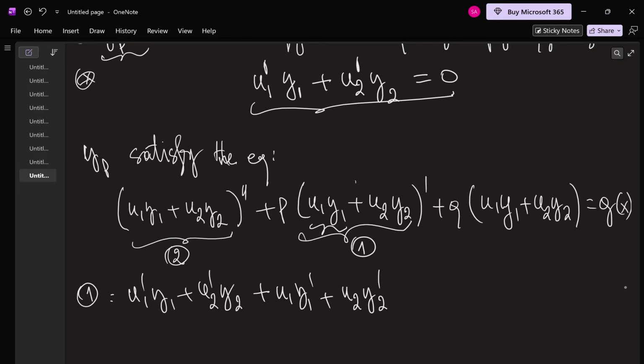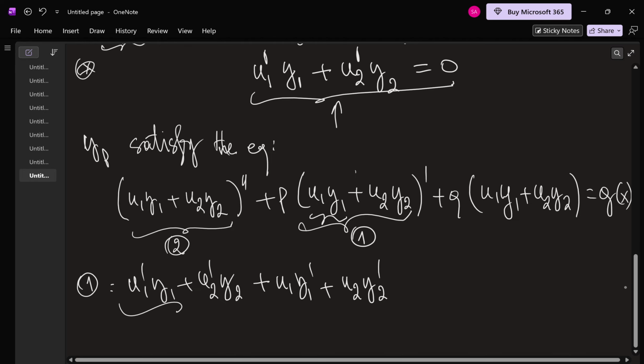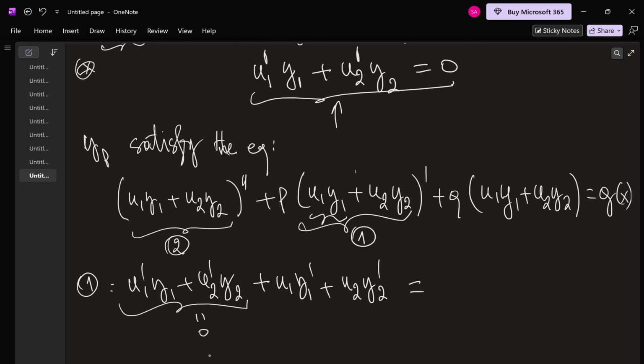Now we remember our condition: this implies that the first part must equal 0. So 1 will be equal to u1 y1 prime plus u2 y2 prime.